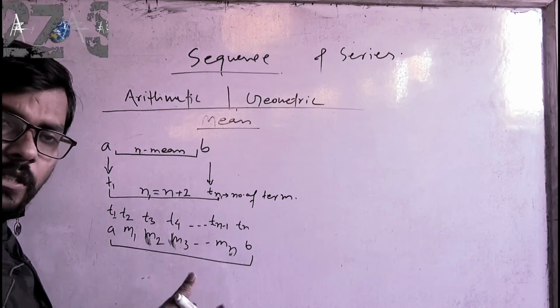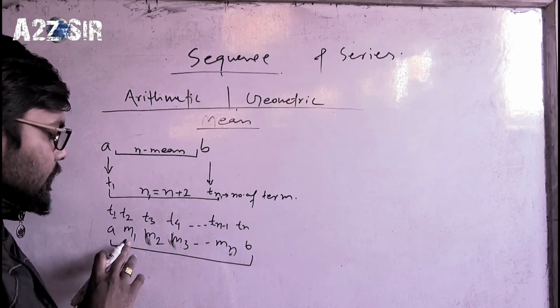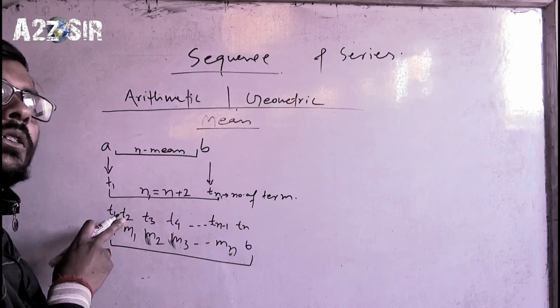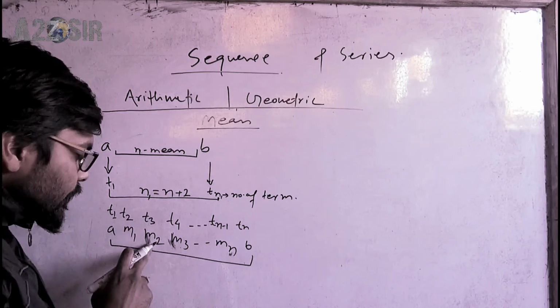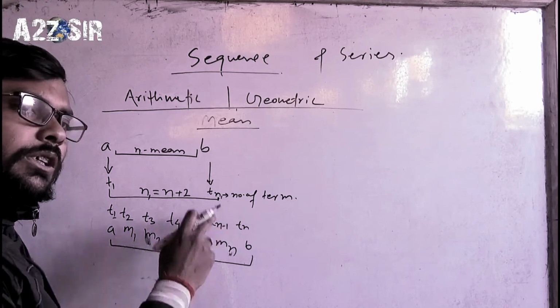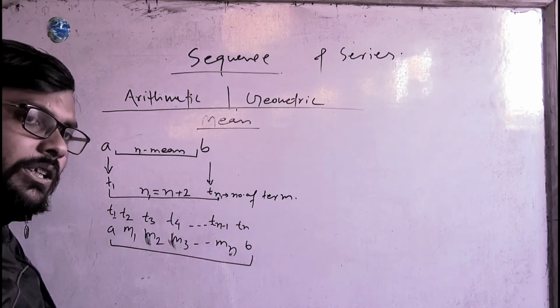M1 to Mn are the means between A and B. What is the formula of M1? The M1 formula is equal to the formula of T2. M2 formula is equal to the formula of T3. In this way Mn formula is equal to the formula of Tn minus 1.